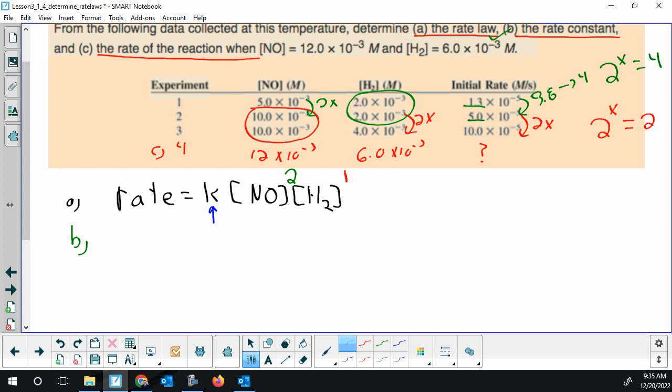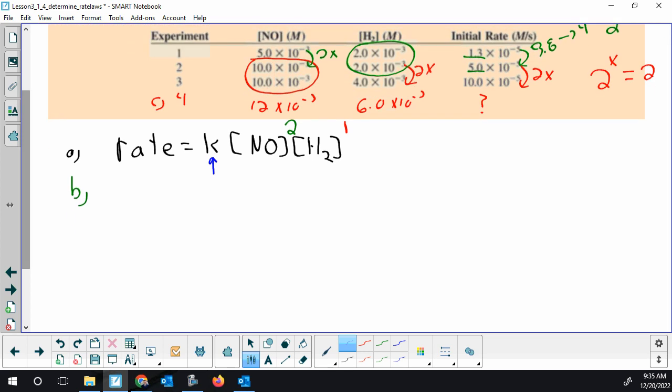But again, you could pick any trial you want. In theory, you could do it more than once, but on an exam or an AP exam, don't solve it for two different experiments unless you're asked to. So I'm going to skip showing my work with the algebra. I'm going to rearrange that for K. When you do that, you get rate divided by concentration, second order for the first reactant, first order for the second.